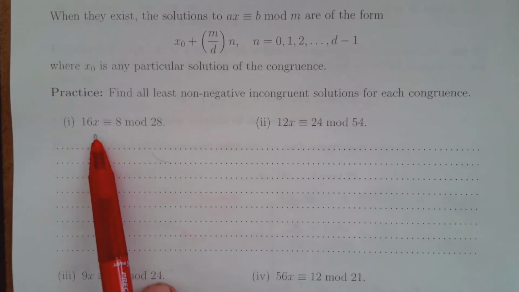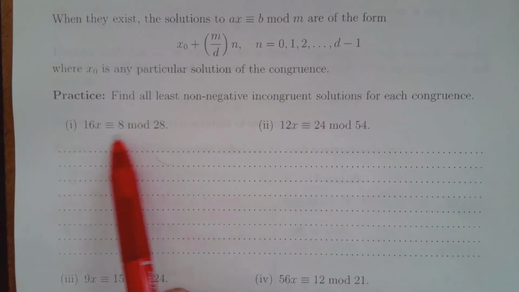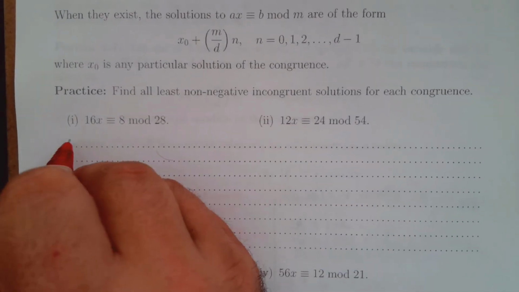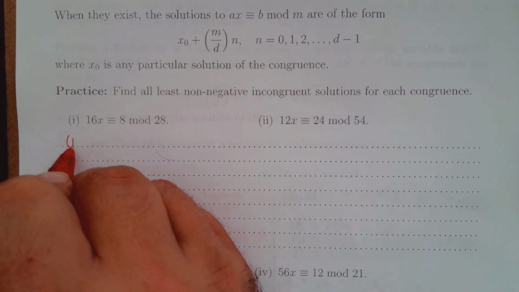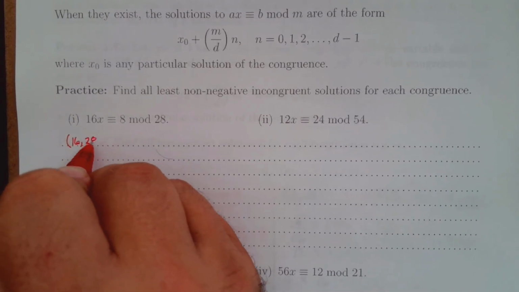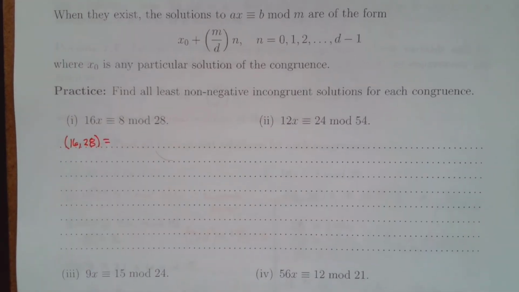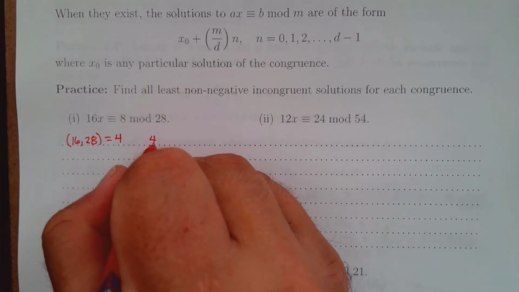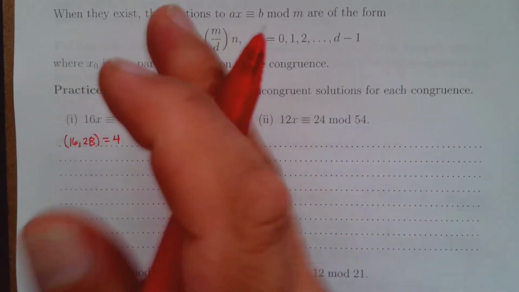We solved this one in the previous video, but we're going to solve it using our cancellation theorem. We always need to double check the greatest common divisor of 16 and 28. That is 4, and 4 divides 8.